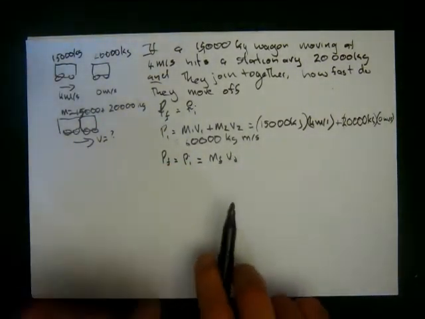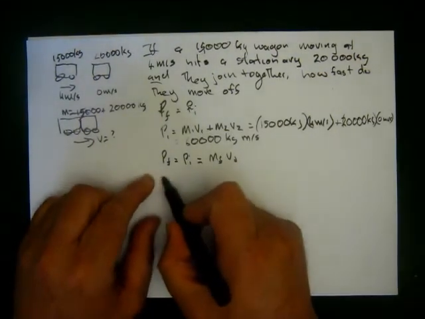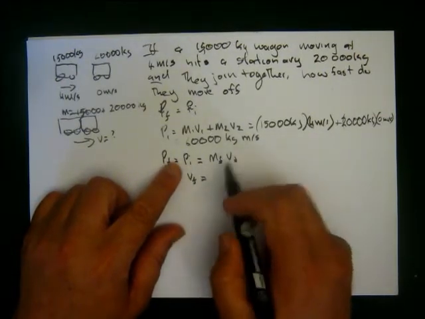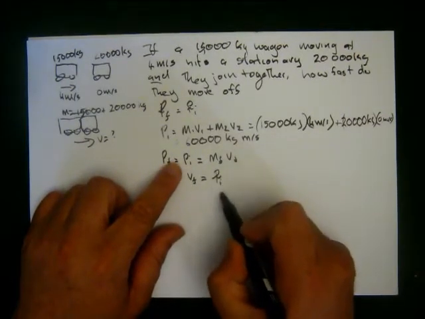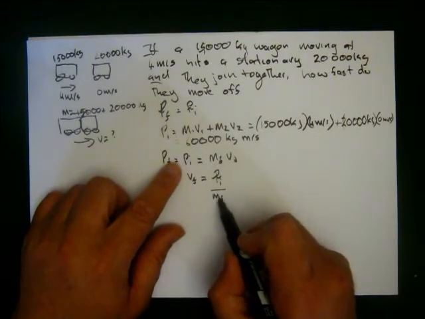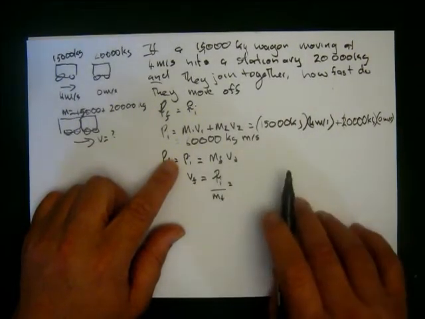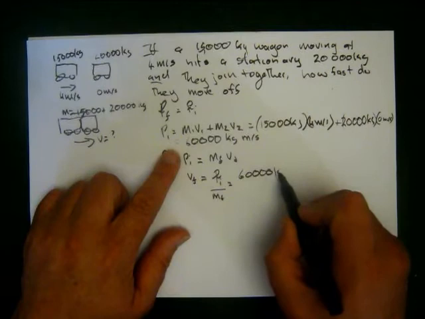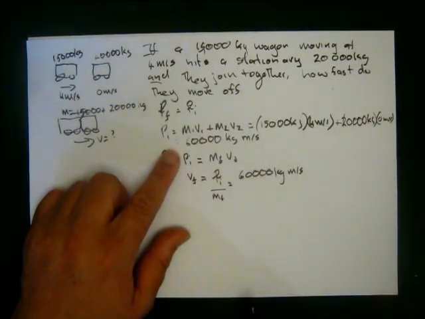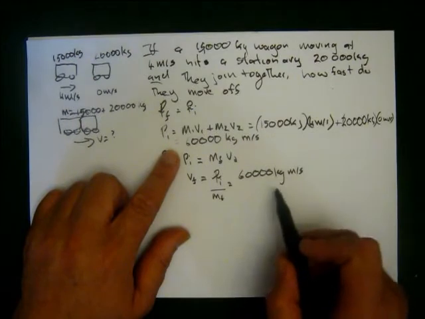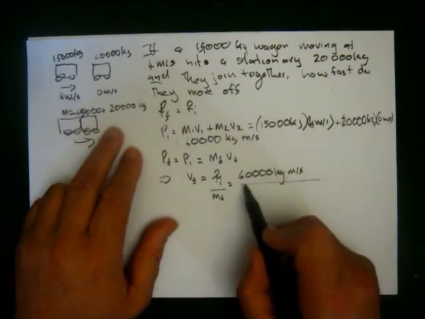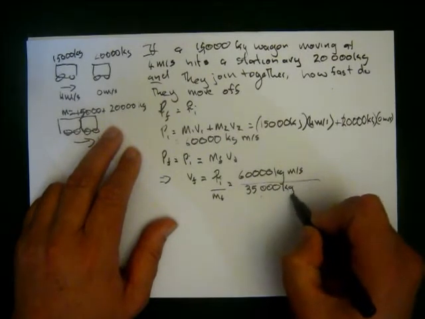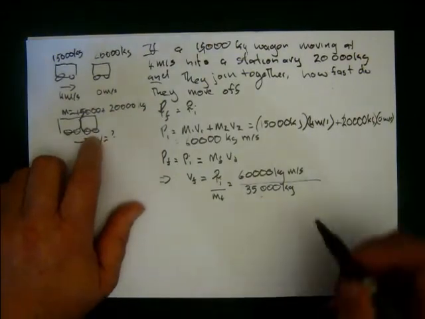So if I rearrange this equation, velocity final is going to equal, we divide both sides by mass final, the initial momentum over the mass, which is equal to 60,000 kg meters per second divided by 35,000 kg, because that's the mass of the two wagons added together.